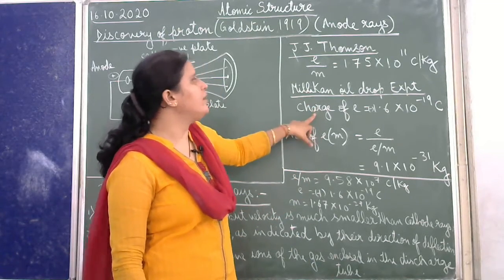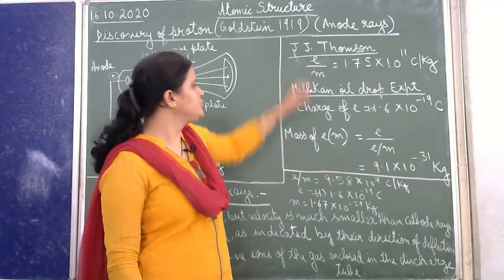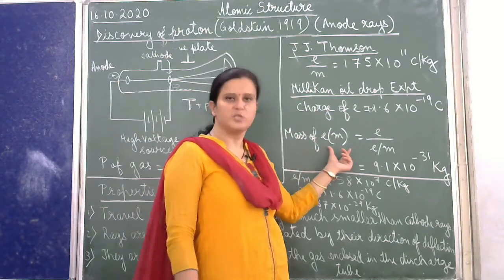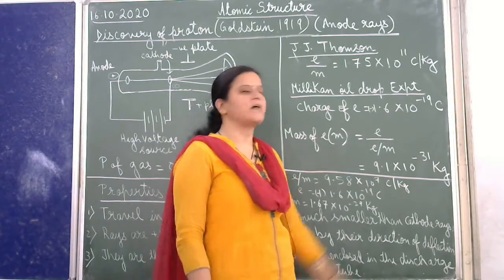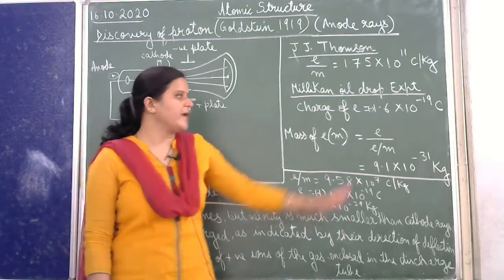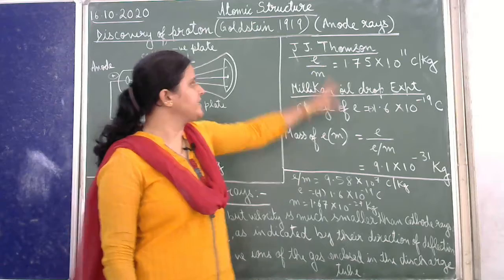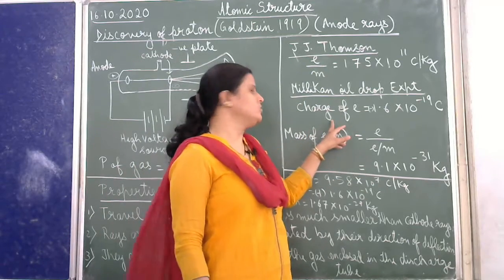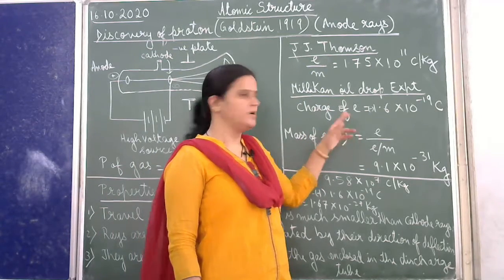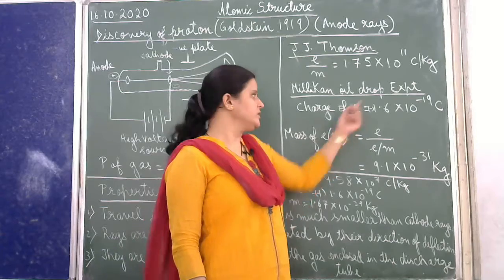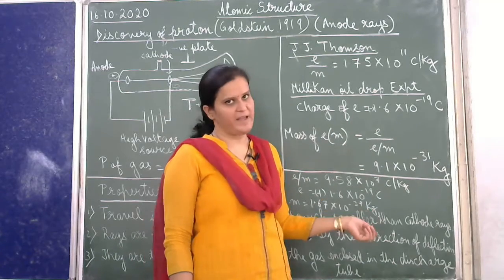With the help of this charge, Thomson could calculate the mass of the electron, which comes to 9.1 × 10^-31 kg. So these are the charge and the mass of an electron. This data should be remembered by everyone.